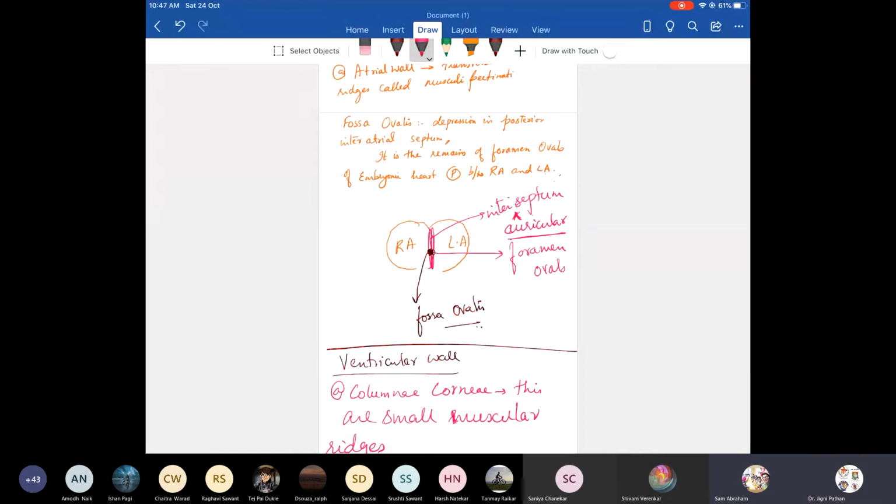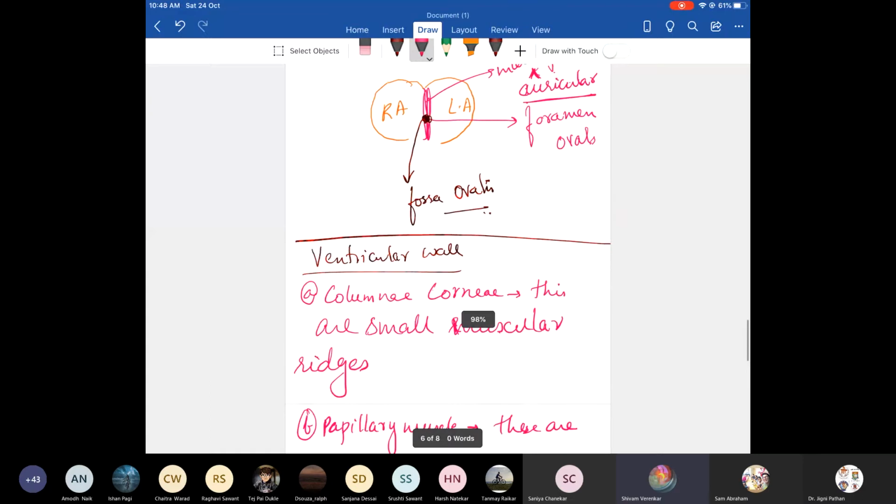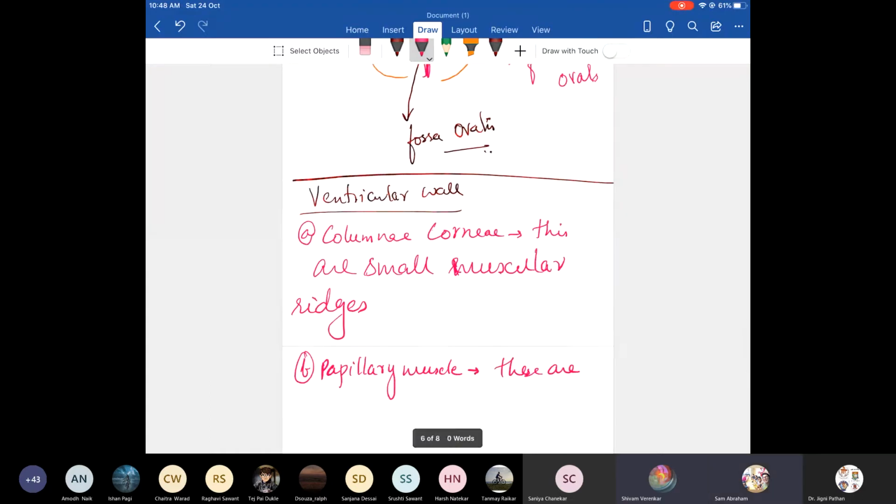Baba, you were there when I was explaining. I said foramen ovalis is present before the baby is born. After the baby is born, the foramen ovalis is filled with tissue. Now that same region is called fossa ovalis. Understood? Yes, I understood.